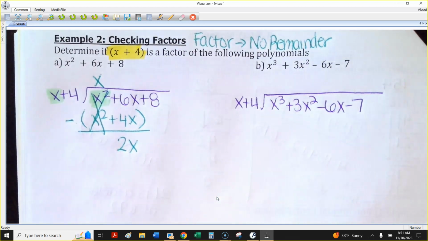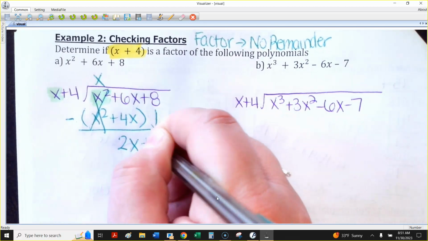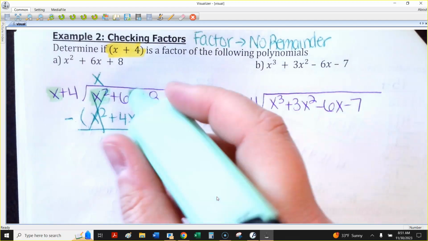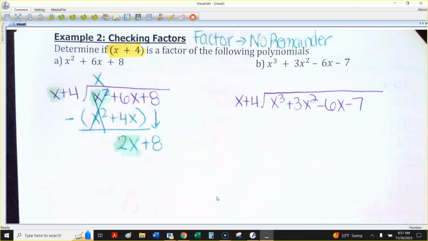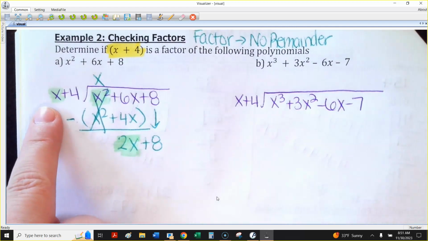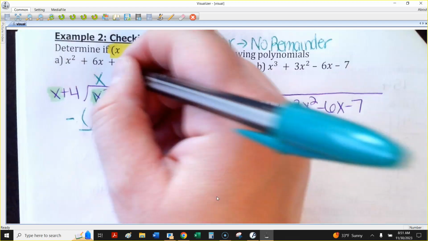And once you subtract, if you have another term, which I do here, which is 8, just bring that down, and then we'll repeat the process. So then I'm going to ask you, if I take 2x, what would I need to multiply x by to turn it into 2x? 2, just plus 2. So put that up on the top.